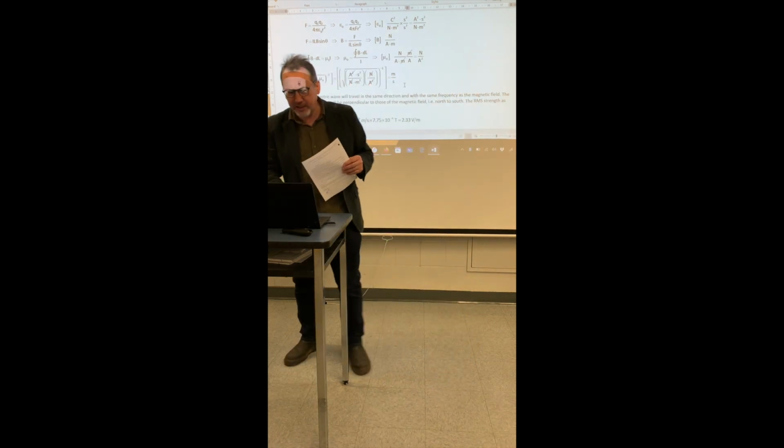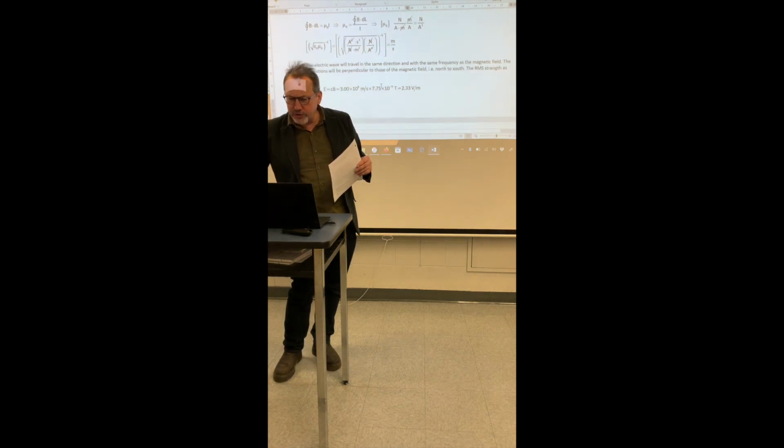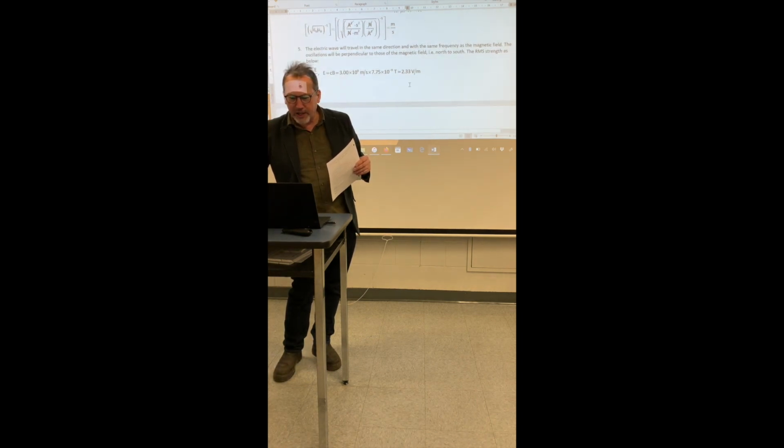So hopefully that's kind of what I've said in the solutions. I don't know if north to south really makes sense in that context. I have to think about that. But they're at right angles to the oscillations of the other field, okay? Okay, I think that's easy enough.